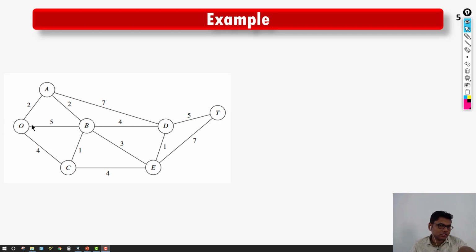Can you just by seeing this picture tell me what is the maximum possible flow, or maximum possible trips, which means it cannot exceed more than that? You see from O, from the starting, there are three roads initiating. One is O to A, O to B, and O to C. So how many trips are possible? From O, 2 plus 5 is 7, plus 4 is 11, which means maximum 11 trips are possible from O to T, no more than that.